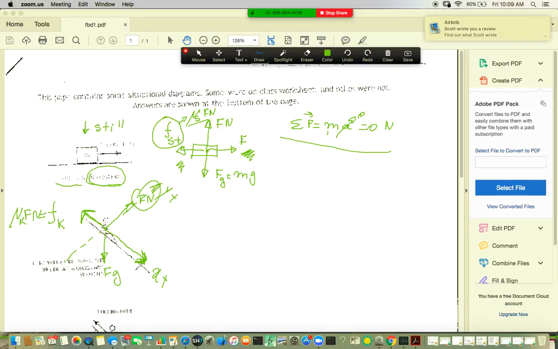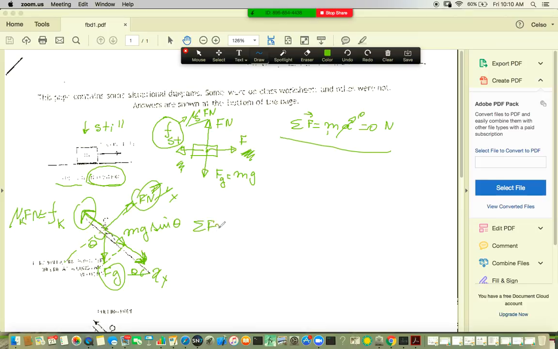So then you have a normal force, you have gravity, and you have friction. And if it moves with constant velocity, it means the projection of gravity force along the direction of motion, if the slope is given, is mg sine theta, the projection along the x-axis, which must match out the friction.